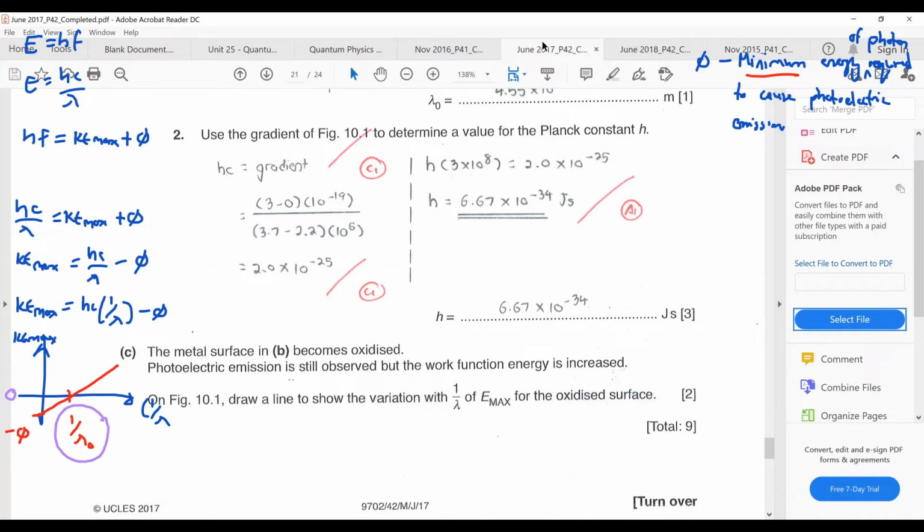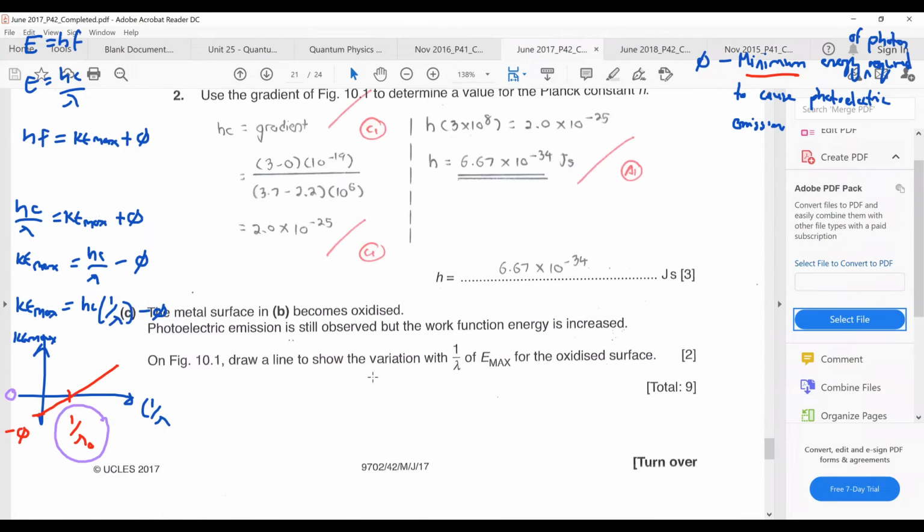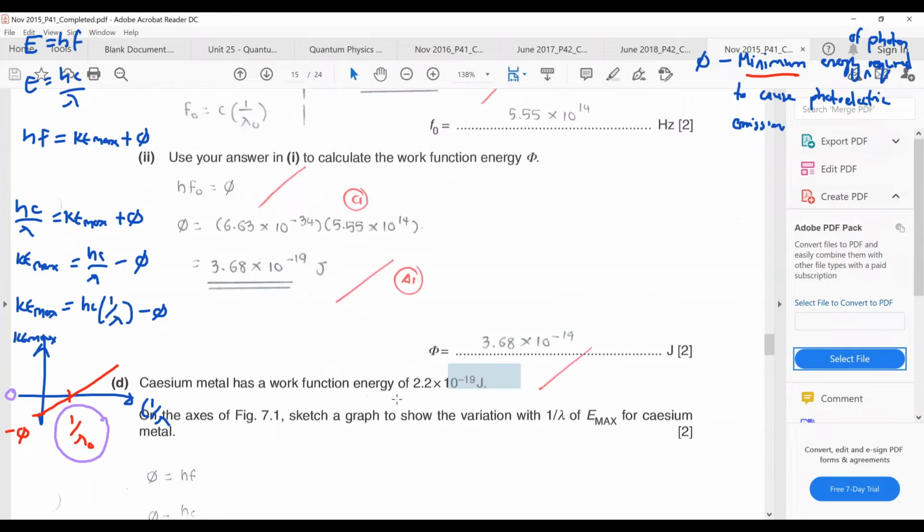In the question before this, where you needed to draw the graph, they told you the work function energy has increased, but they never told you the value. This current question is pretty specific in telling you what your work function energy is now.